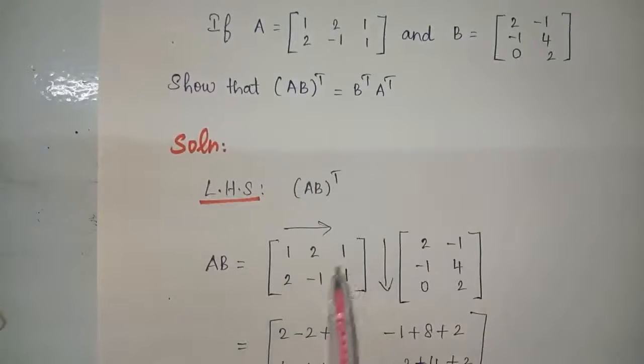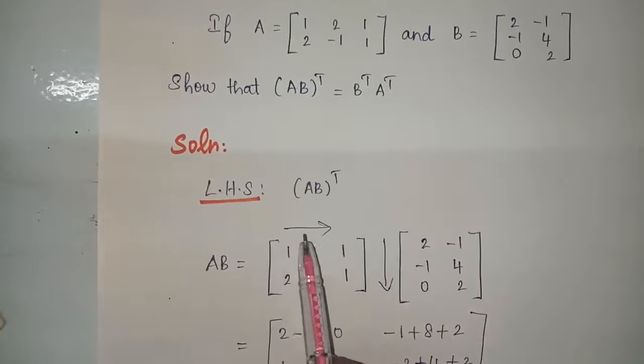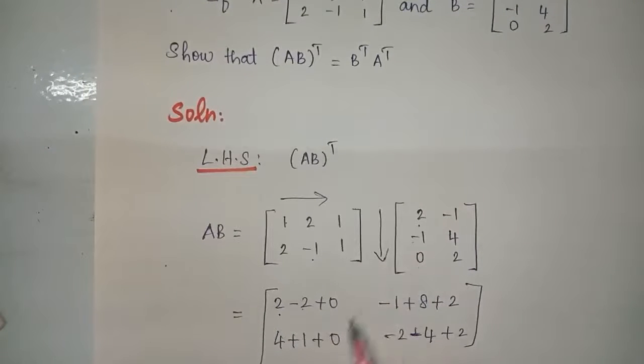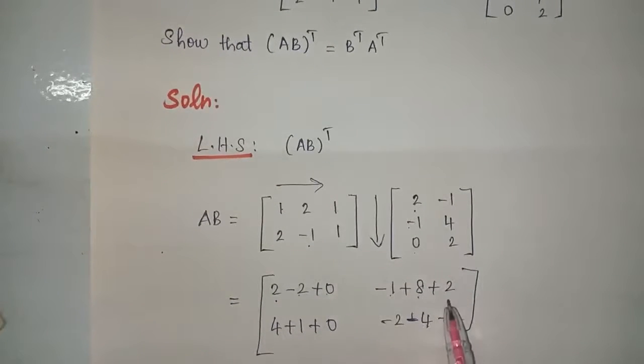So AB is equal to [1, 2, 1; 2, -1, 1] times [2, -1; -1, 4; 0, 2]. We are going to do a matrix multiplication. First row, first column: 1 2s are 2, 2 into minus 1 is minus 2, 1 into 0 is 0. Again first row, second column: 1 into minus 1 is minus 1, 2 into 4 is 8, 1 2s are 2.